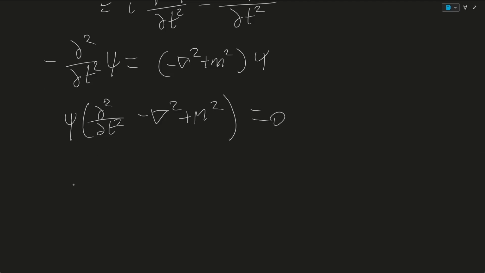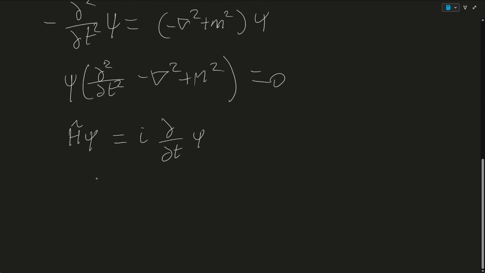And we can set that up, and we can say that the Hamiltonian operator on the wave function is equal to i times the time derivative of the wave function. People write this on the other side quite often.